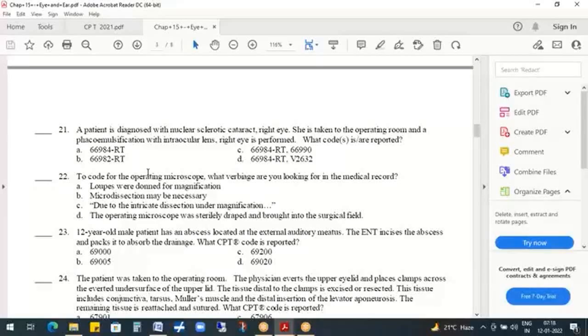So we no need to code for the lens again. When you read the code description 66984, is the lens already included or not? Can you read the description? If it is included, no need to code. Okay. Next question number.